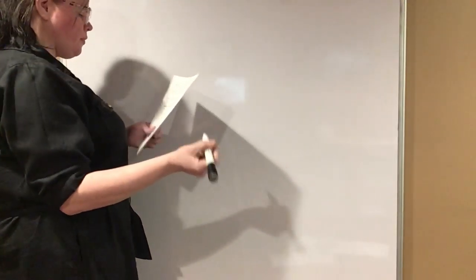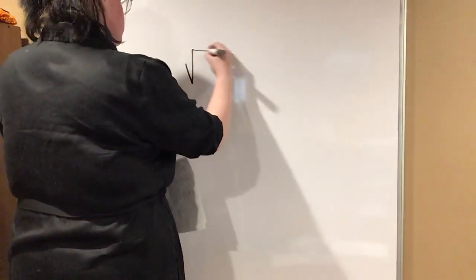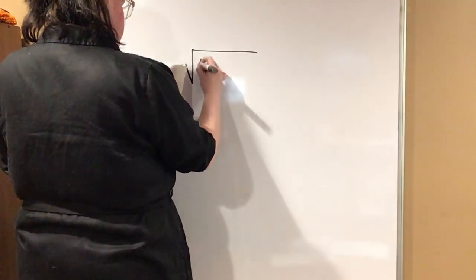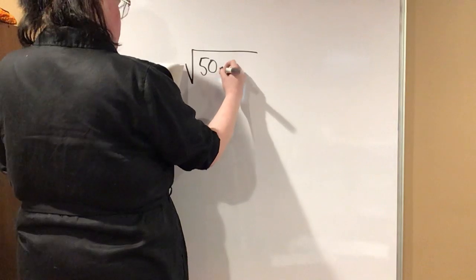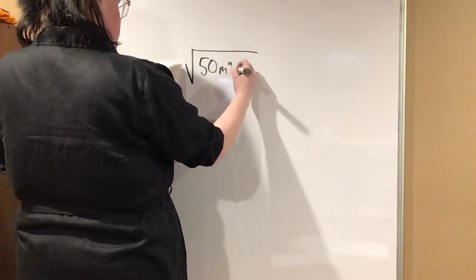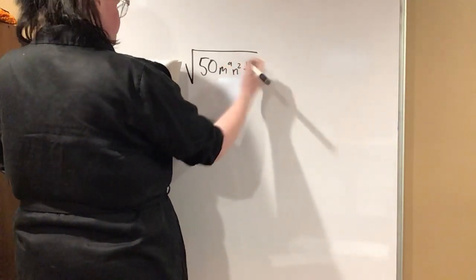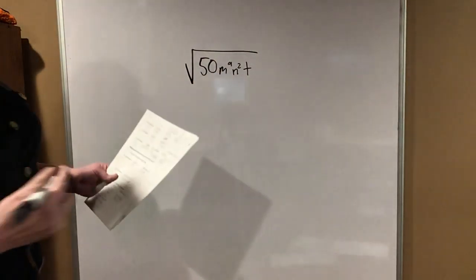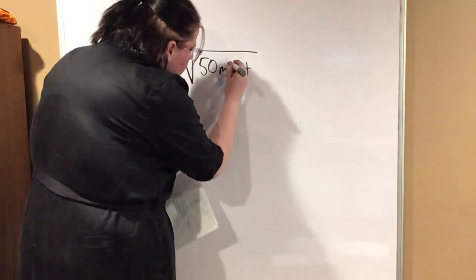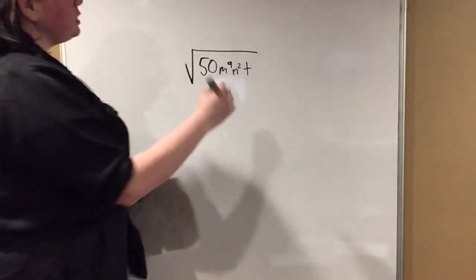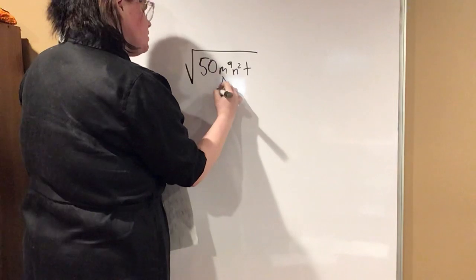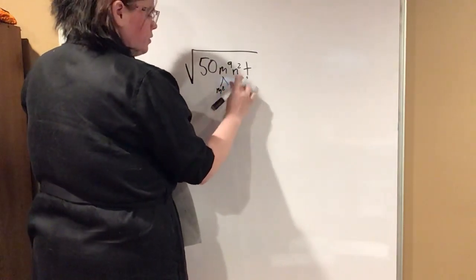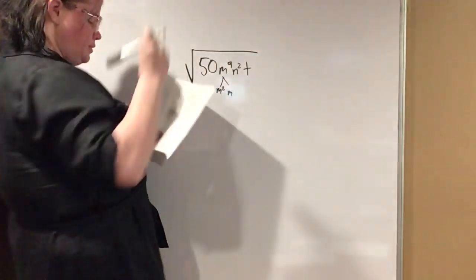So, if we're given something like the square root of 50 m to the 9th, n squared, t. Sorry, that's a 9. Okay, so let's split the m. We have m to the 8th, m. We don't even have to split the n.